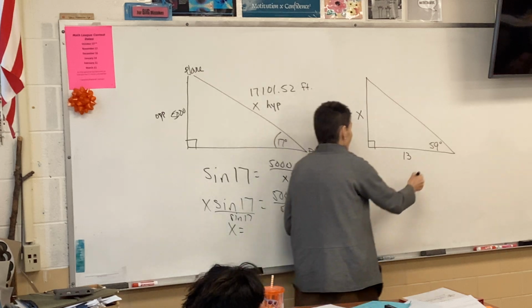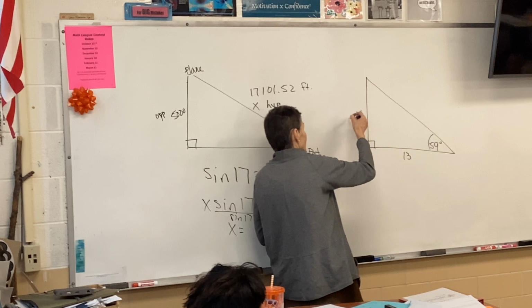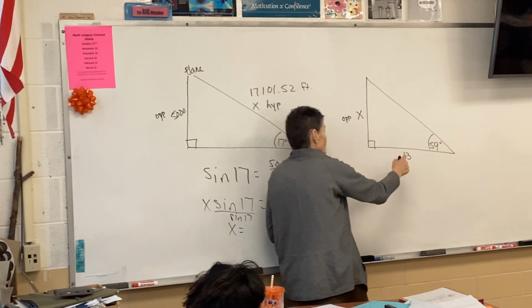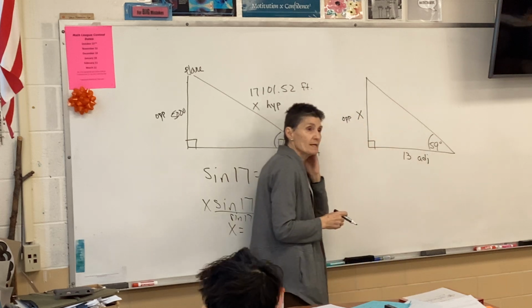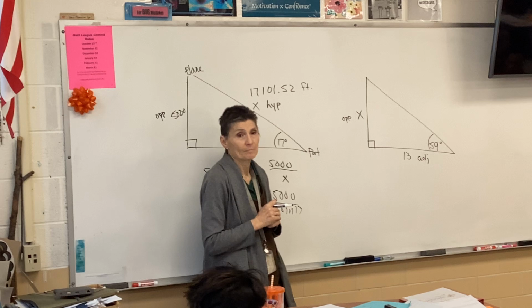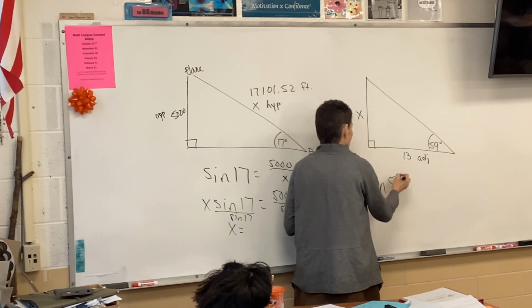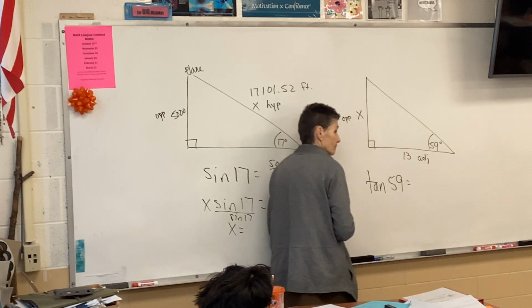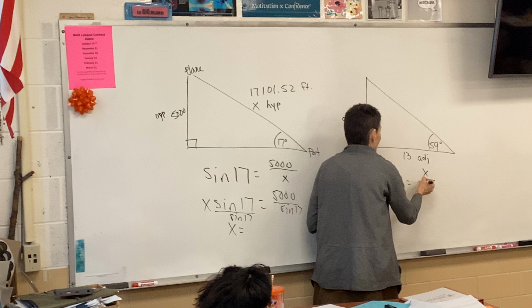So here's my angle. Which side is this? Opposite. Which side is this? Adjacent. Sine, cosine, or tangent uses opposite and adjacent. Tangent. So tan 59 equals opposite over adjacent, X over 13.